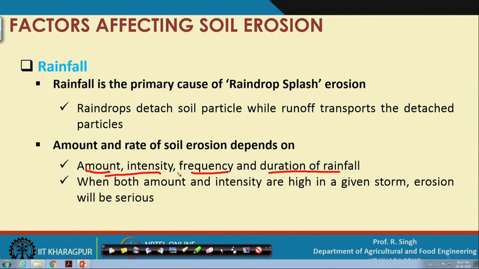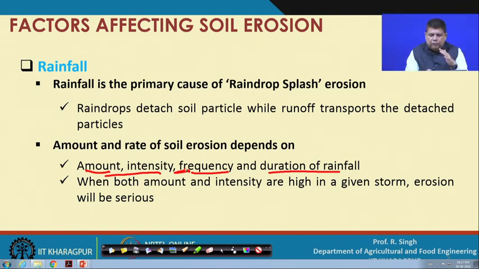If the frequency of rainfall is more, then if rainfall occurs today, the soil will be moist, and suppose again tomorrow rainfall occurs, then the infiltration capacity of the soil is reduced, and the requirement to satisfy it will be very little. That is why when the frequency is more, the overland flow process will be much faster.